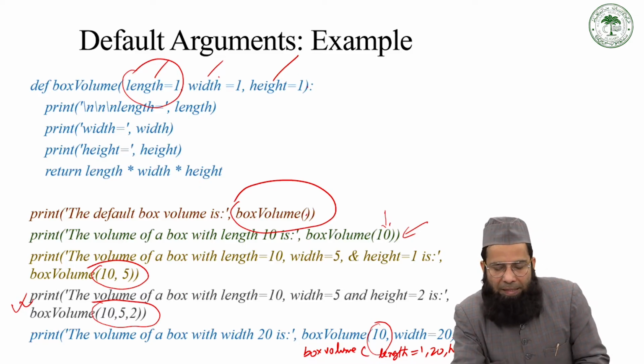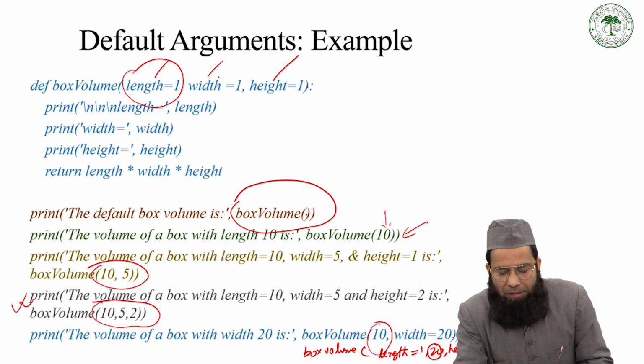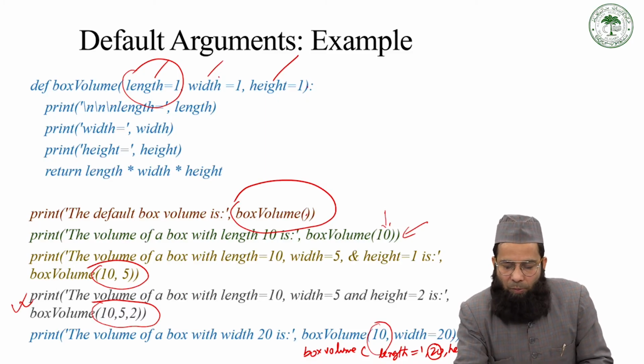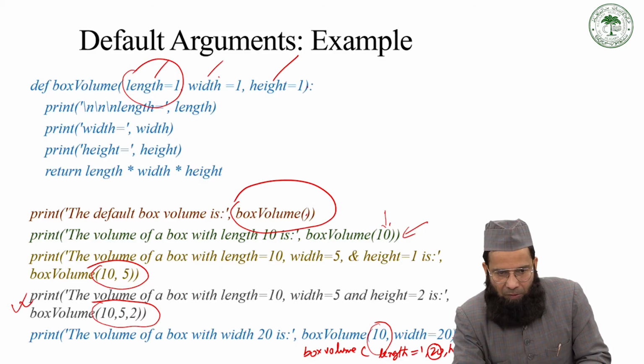This is not a valid statement, since this positional argument is coming after the keyword argument. So all the default arguments should be at the right. This is the concept.